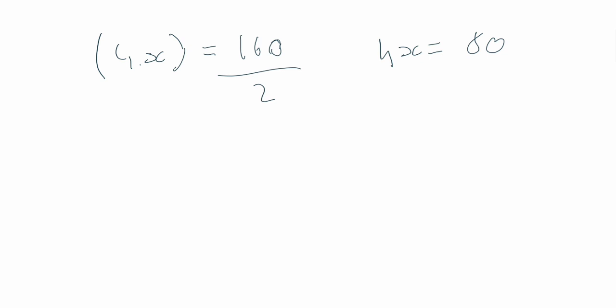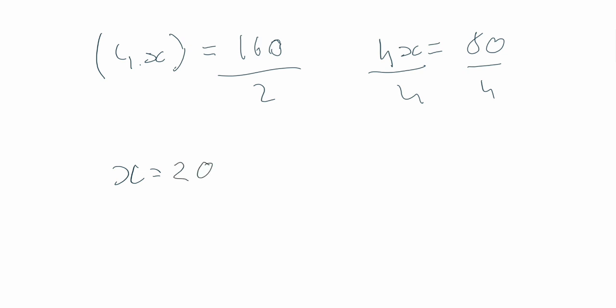So now we need to divide by 4. And this will give us what x equals. Divide by 4. Okay? So 4x divided by 4 equals x. So x equals 80 over 4, sorry. 80 over 4 is 20.